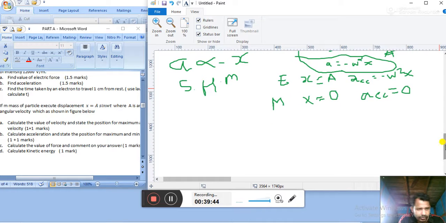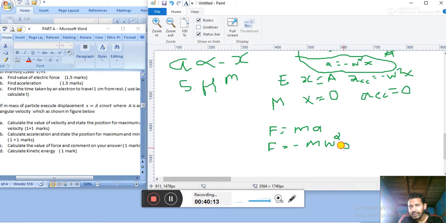The last question is to calculate the force. F equals ma, as we learned in a former class. Plugging in the value of a, we get F equals minus m omega square x.